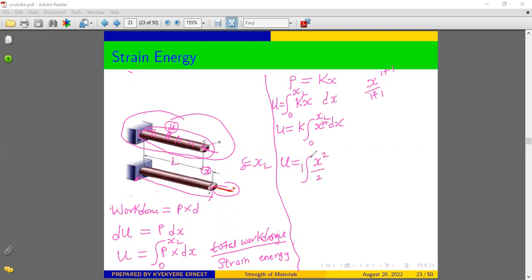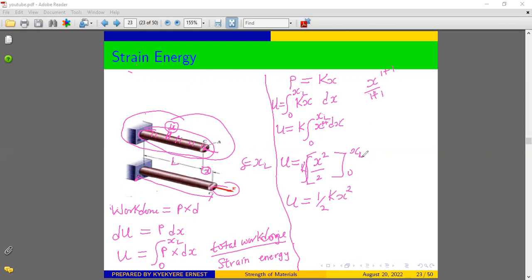Our k is outside, and the limits are from 0 to xL. So from here, we can say that the total energy is equal to half k times (xL squared).